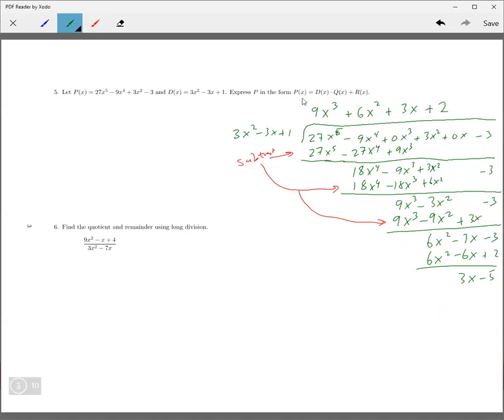Okay, so writing it in this form, it's a little bit different than the other form. But here we have all the information. This is going to be our q of x, and this is r of x.